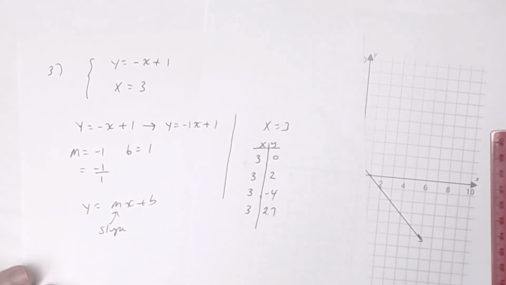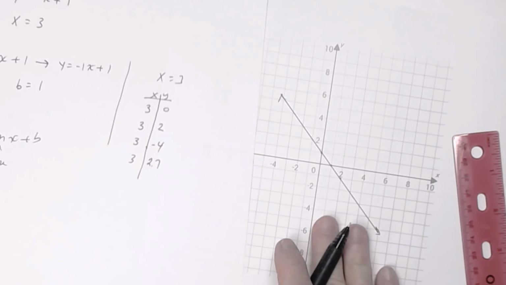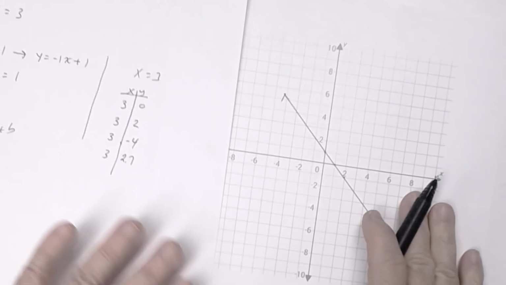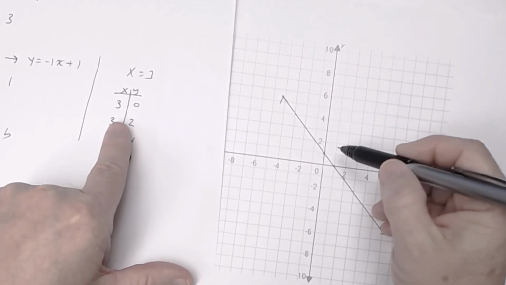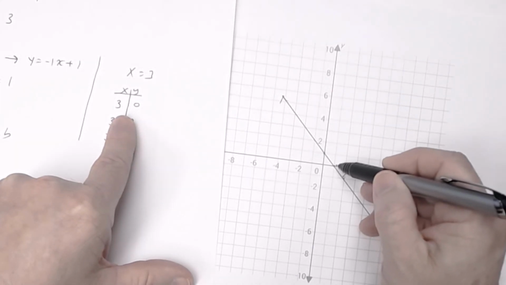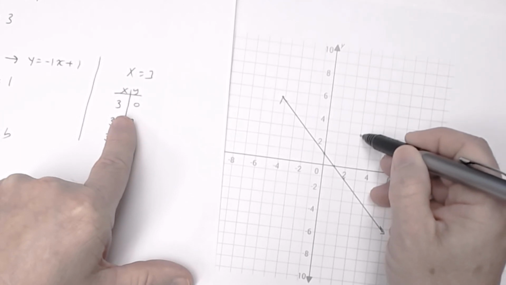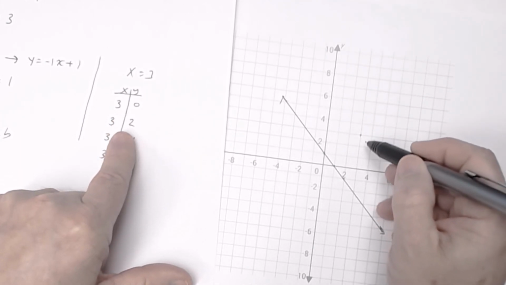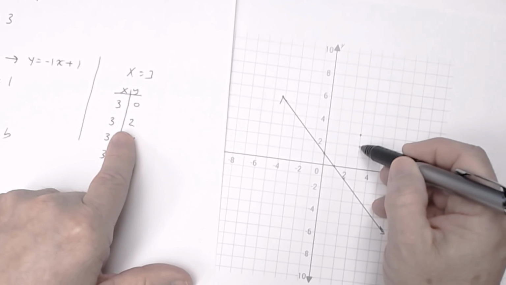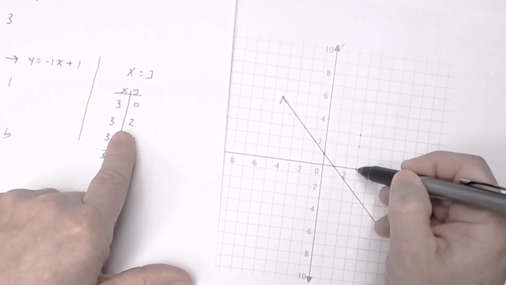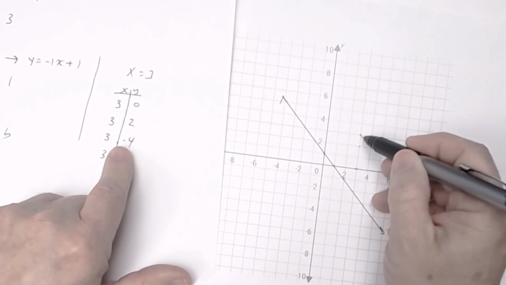And it turns out, by the way, let me just do it on here. So we're going to graph this line here, and so I get the point 3, 0, which is here. I get the point 3, 2, which is here. I didn't mean, this is not 3, 0. 3, 0 is right here. Excuse me, I apologize.